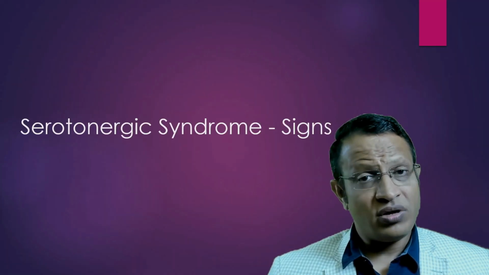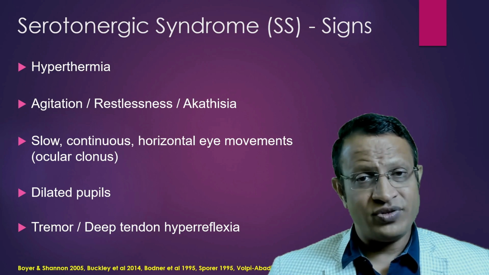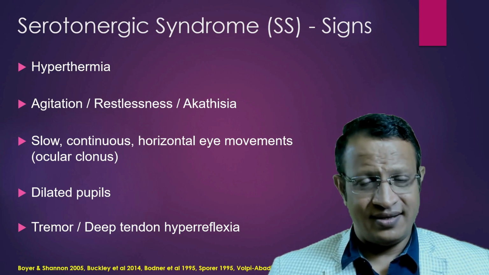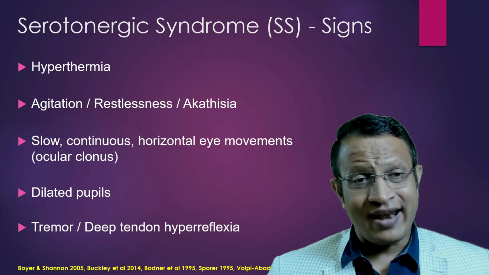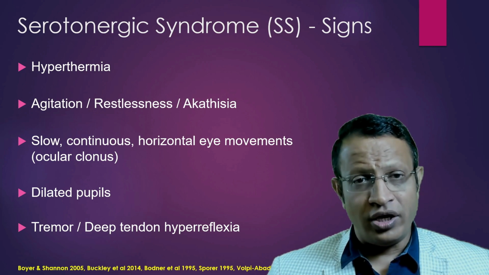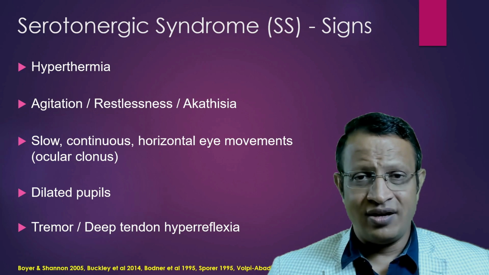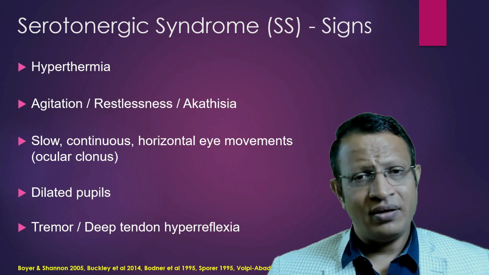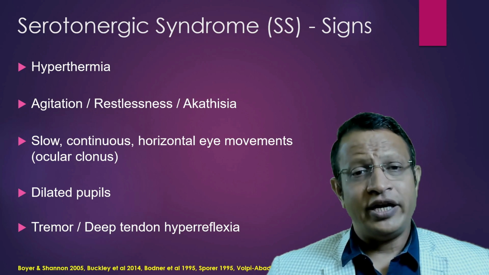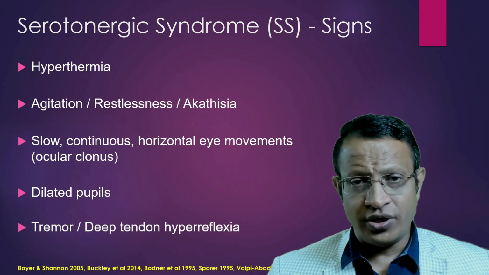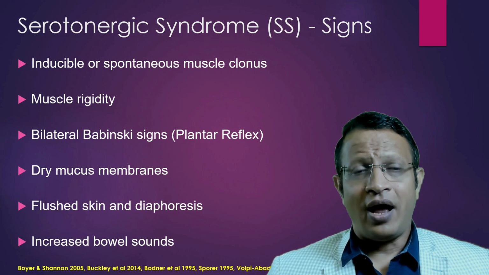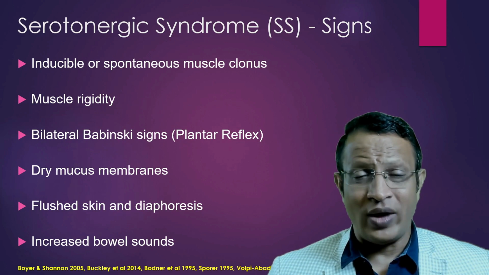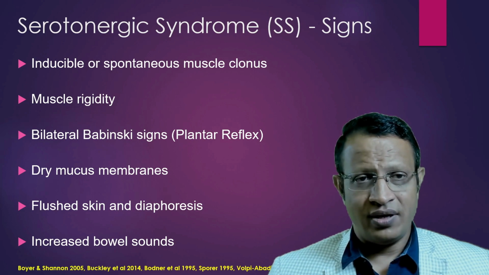Let's look into what the signs are. First and foremost are hyperthermia, agitation, restlessness, and akathisia. Further, it is characterized by slow, continuous horizontal eye movements, also called ocular clonus. Mydriasis, that is dilated pupils, positive deep tendon reflexes, tremor, and also inducible or spontaneous myoclonus are well known in Serotonergic syndrome.